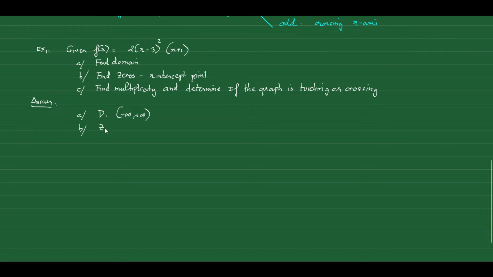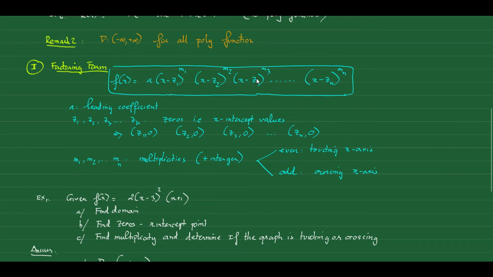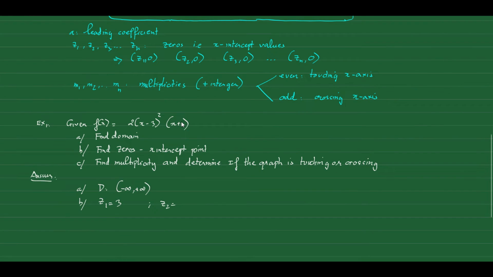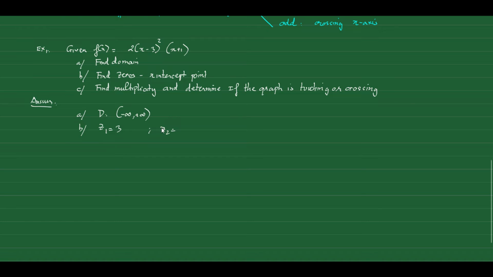So z1 will be 3, but z2 will be what? Because the formula is minus, z2 over here will be negative 1, because negative and negative give you plus. So from here we can find the x-intercept points.